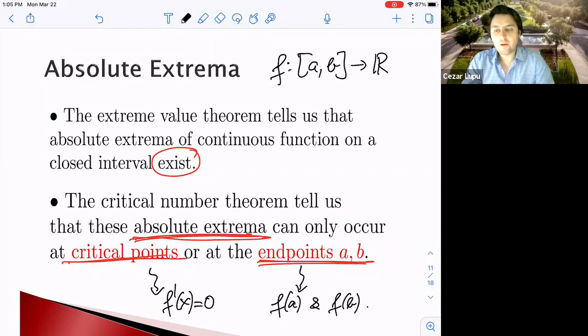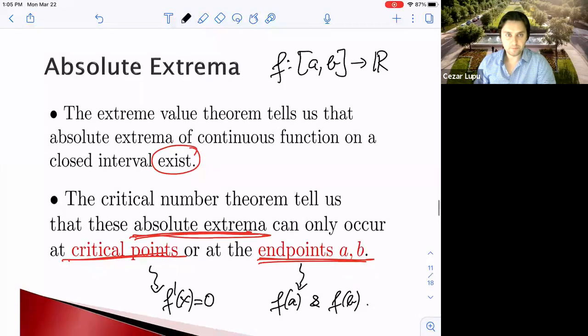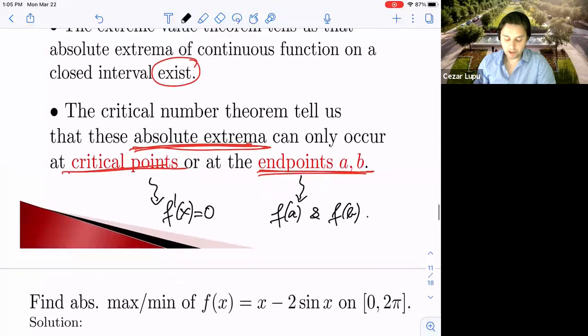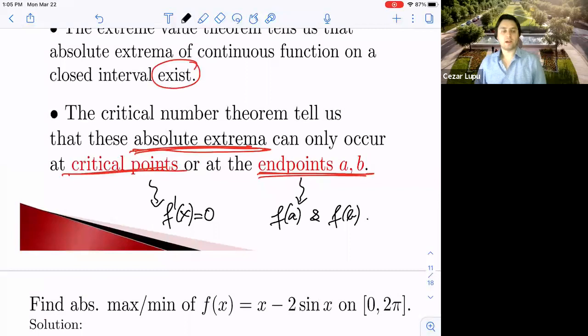All right, now let's see some examples. I want to do some examples. The first example that I have in mind is the following. I'd like you to think of it for a bit. If I have this function, f of x is x minus 2 sine of x, I want to find the absolute maximum or absolute minimum of this function.